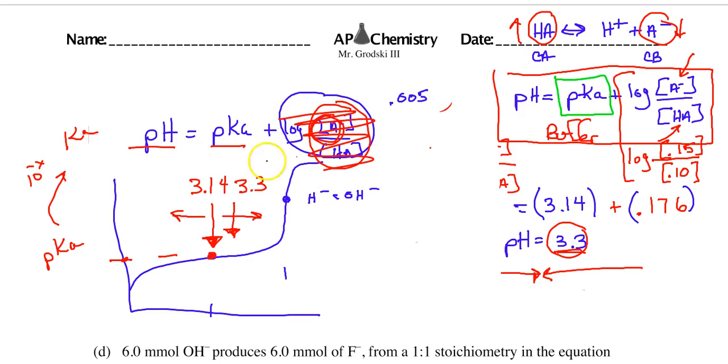We get rid of this, and pH equals the pKa. So what is the best place for this buffer? Now, buffers mean that the pH doesn't change much because we have conjugate base that can react with acid and neutralize it.